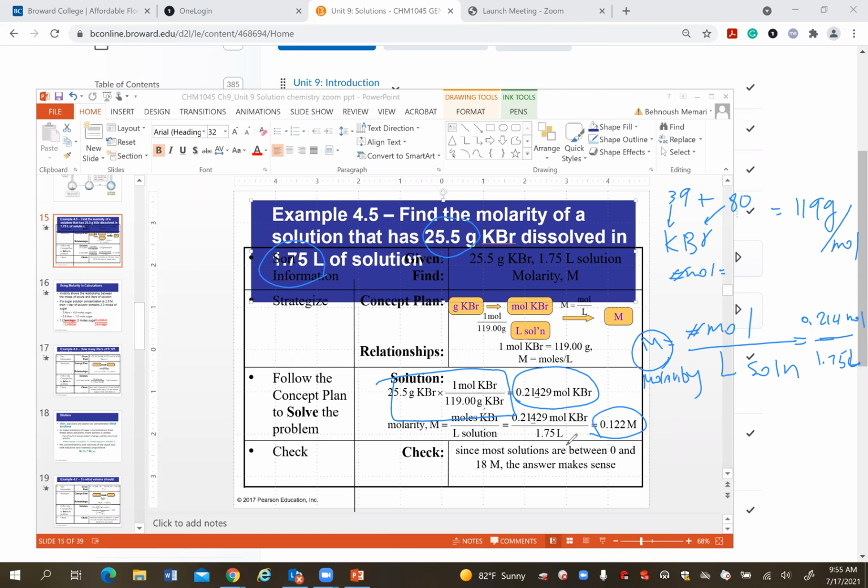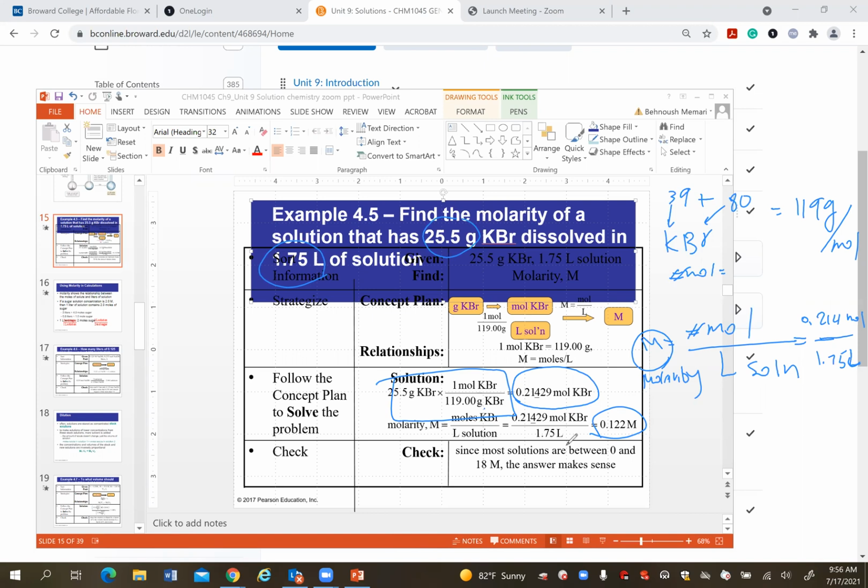Any questions about calculating molarity? It's very important for you to be able to calculate molarity or find how many grams you need to make that molar solution, or how many liters of solution you can make. Because the question, you see that there are 3 components. One is the liter of the solution.